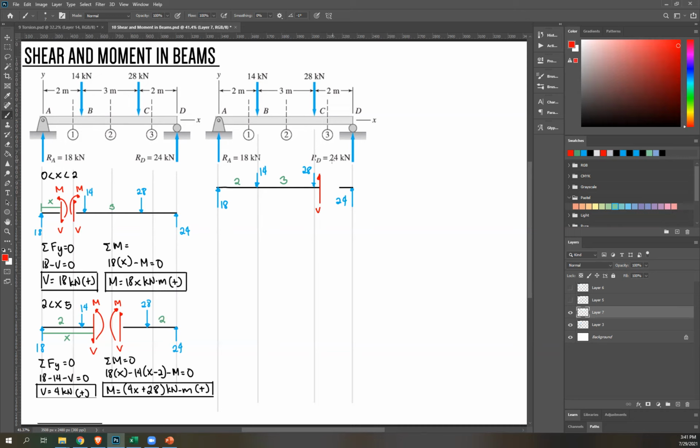For this portion, it's hard to determine if this creates a positive moment or not, or if I need a counterclockwise or clockwise moment. Okay. So you can solve, but this is still just X. So if you're unsure, you can just guess, okay?